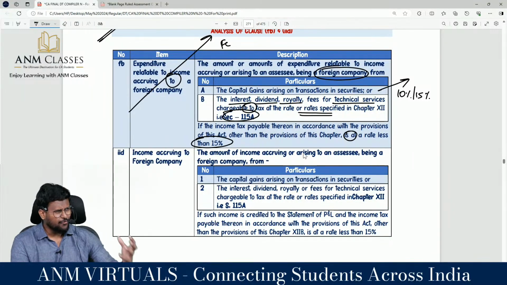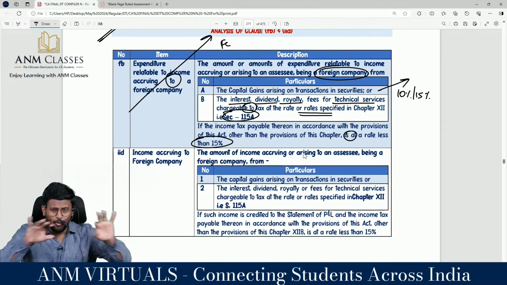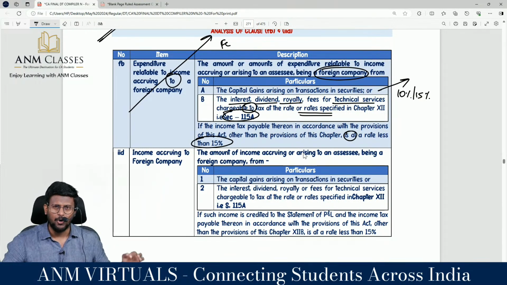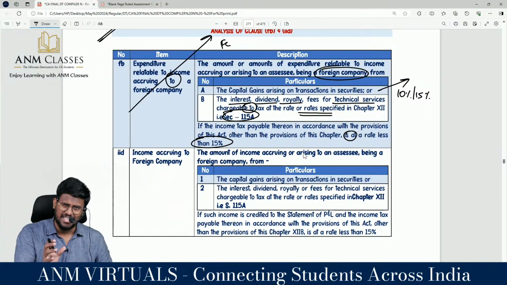So, if you are a foreign company and if you are having capital gain or if you are having the income specified in Chapter 12, and if that is going to be taxed at a rate which is less than 15%, then you have to remove that item and the corresponding expenses should be added back, because the original tax rate is lower than the MAT rate.